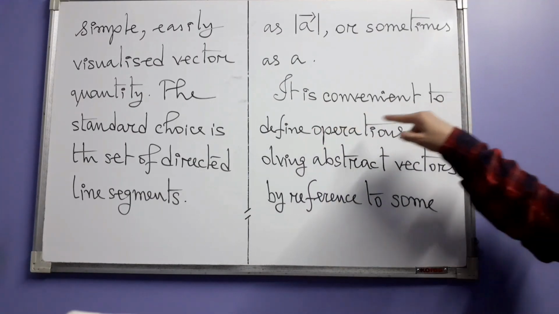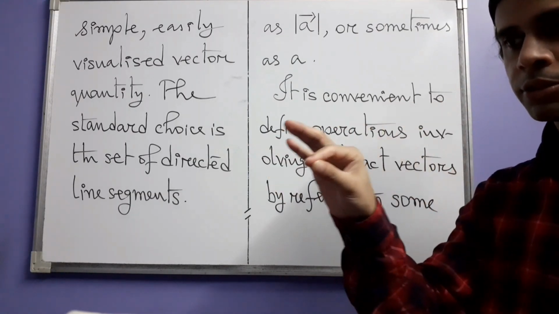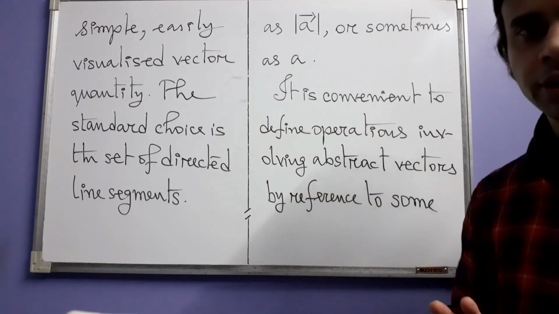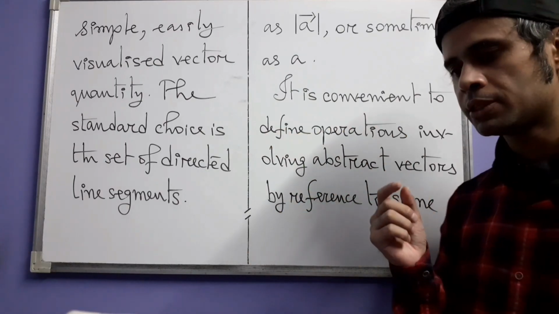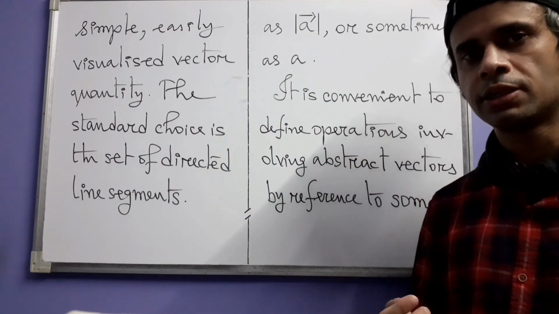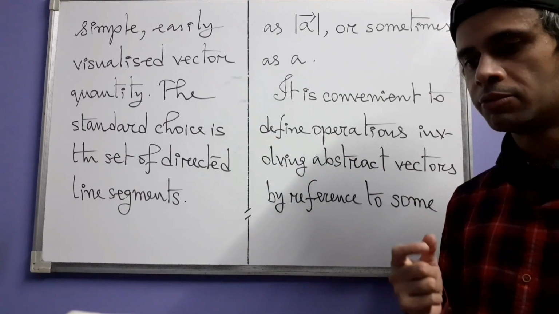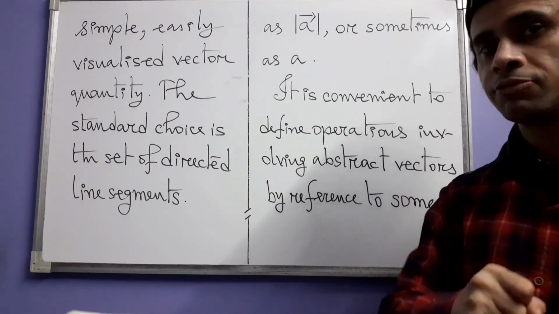It is convenient to define operations, because simply having those vectors by themselves is not enough. We also need to have some operations. Just like we have operations of addition and multiplication of numbers, which help us in knowing what will happen to sizes of sets.